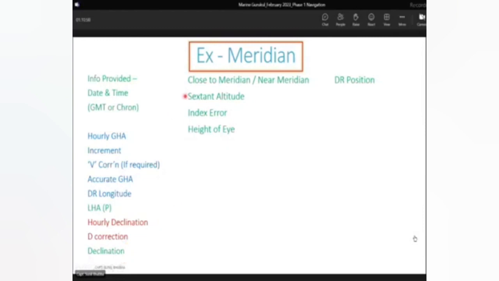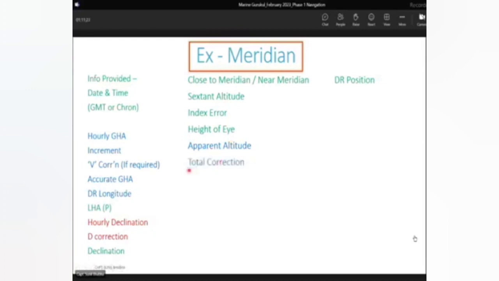Now in the second step, we correct the altitude of the body. The sextant altitude, we apply the index error. If it is on, it is put off, that means negative. If it is off, it is put on, that means positive. Then we apply the dip correction from the height of eye, which is provided to us in the questions. Once these two are applied, we get the apparent altitude of the body.